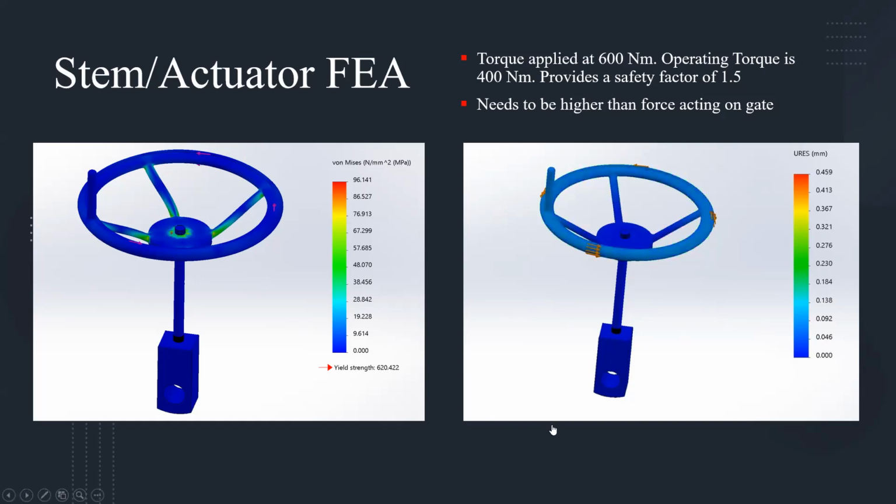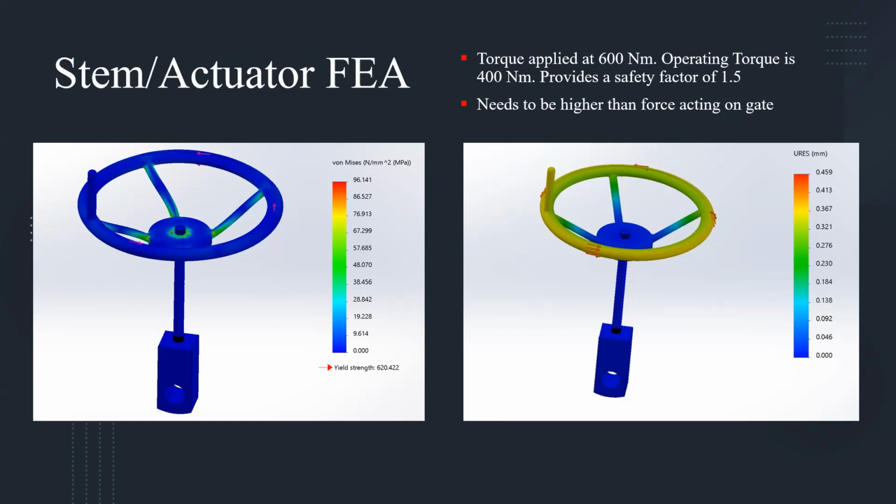And this is a video to show the finite element analysis of the stem and the actuator. This shows the direction: counterclockwise is opening the gate, and clockwise is closing the gate. Here the maximum deflection is equal to 0.459 millimeters, and the minimum deflection is 0.